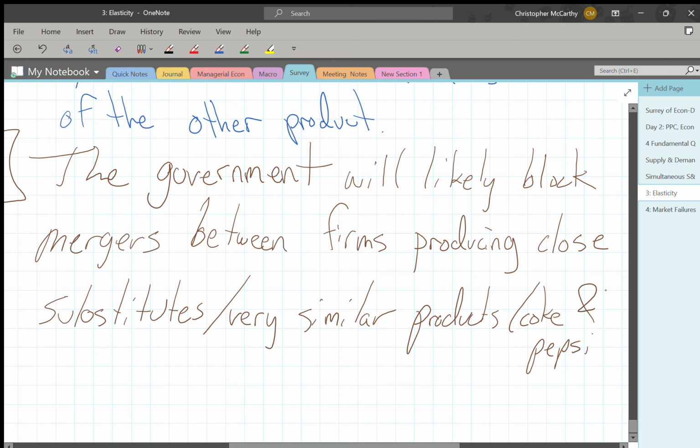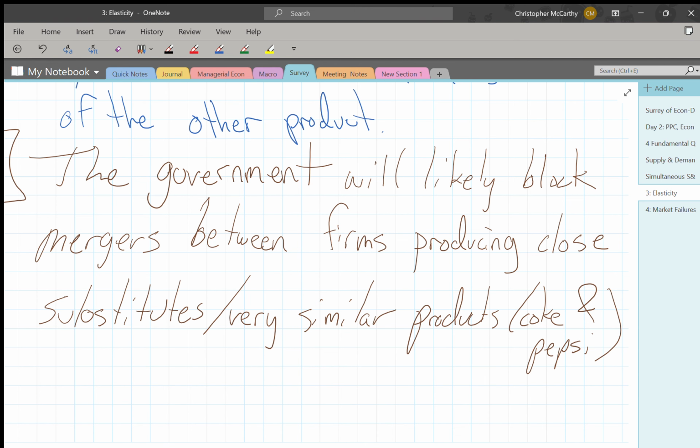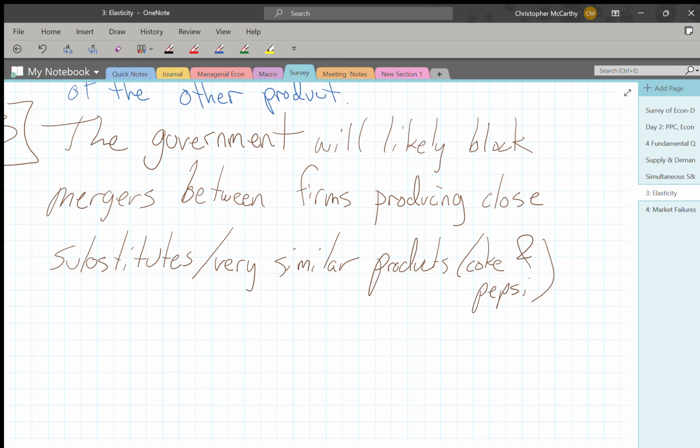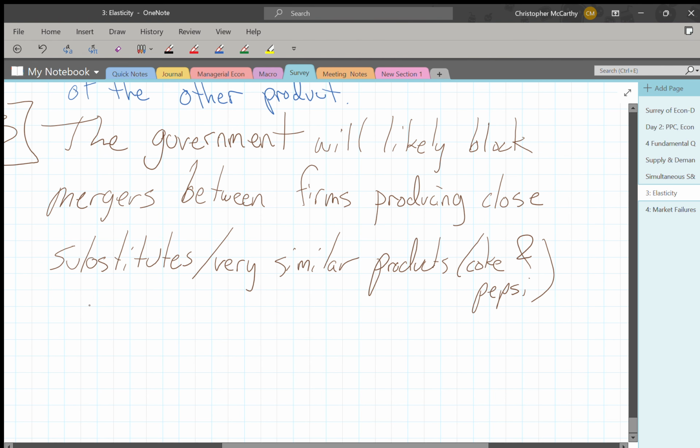Now, how well they've actually been doing this is a debate for another day, right? I mean, we just had Sprint merge with T-Mobile, and we only have 5 or 6 big cell phone companies as it is. So the government really hasn't been stepping in like they used to to block these mergers of very similar goods.